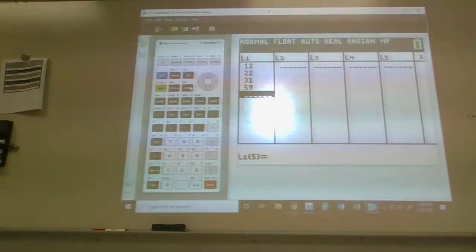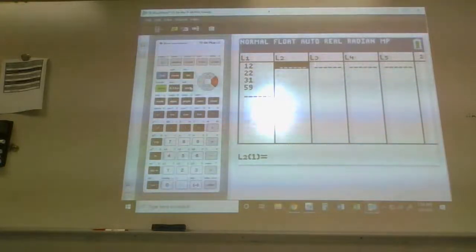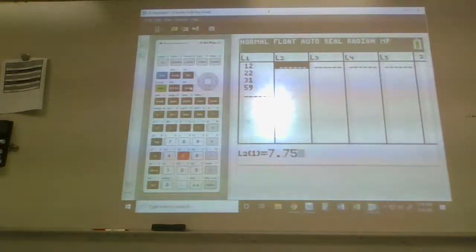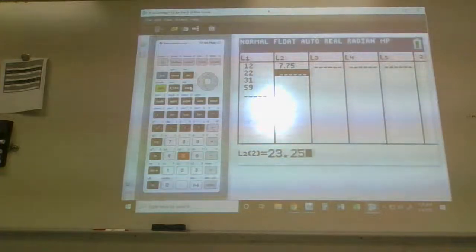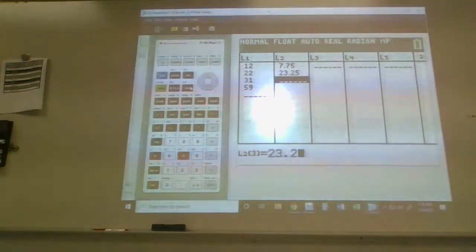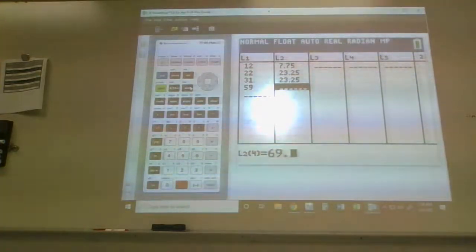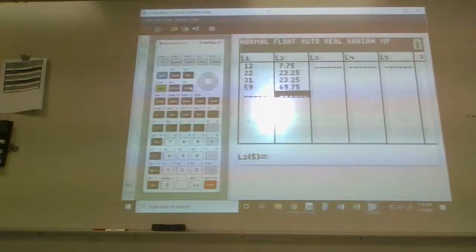Those are my observed counts. Wonderful. In the next column, I'm going to be typing in 7.75, 23.25, 23.25, and 69.75. There we go. Those are my expected counts.